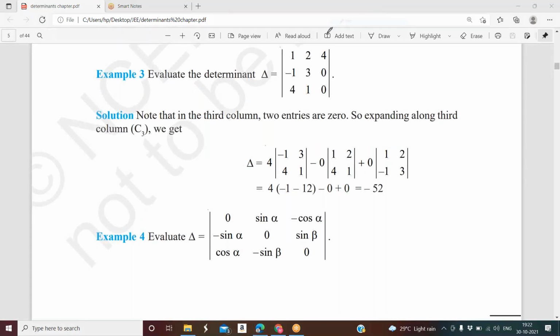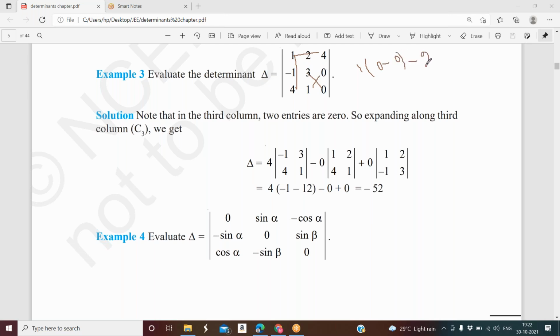So how to do that? First I am considering 1. So 1 into, multiply these two, then you will get 0, right? 0 minus 0.